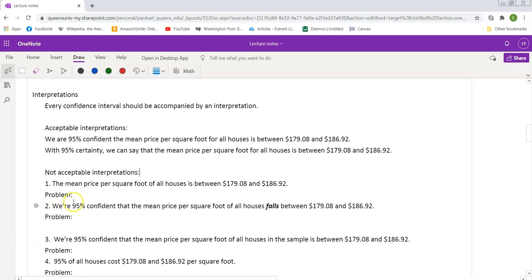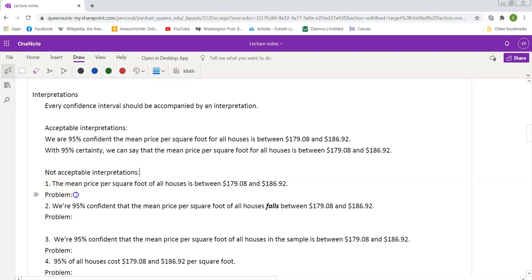So for the first one, if we tried to say that the mean price per square foot of all houses was between these two values, the problem there is that this statement here, number one, is too certain. We don't know that for certain. We're only 95% confident that's the truth.